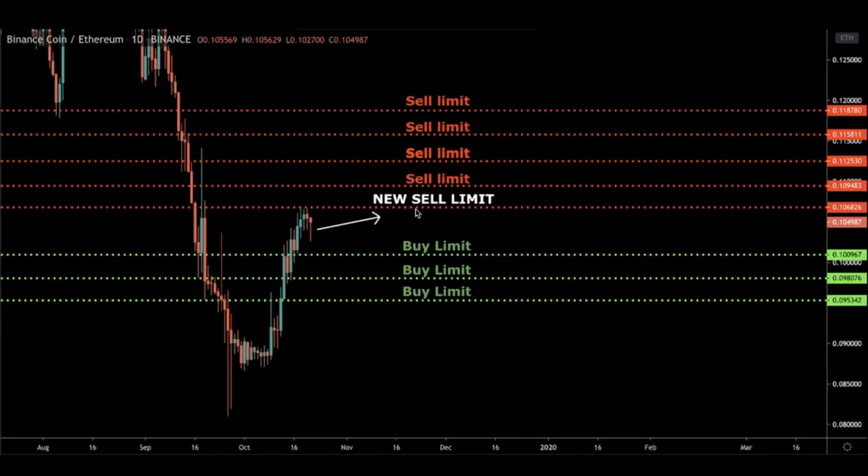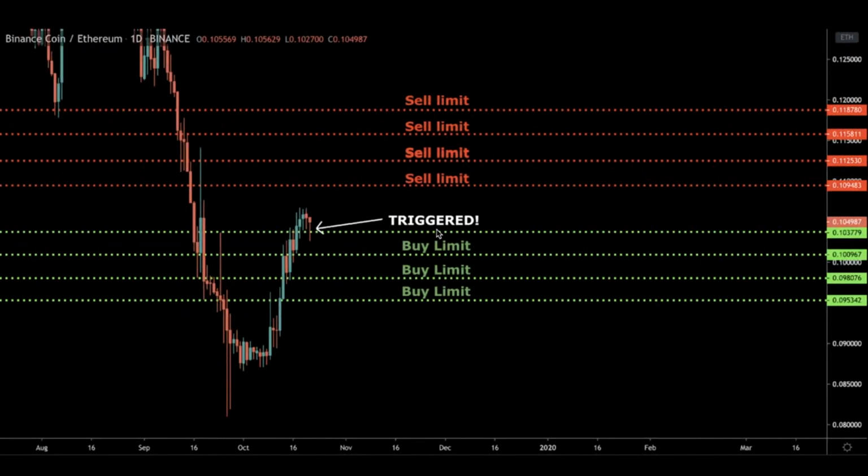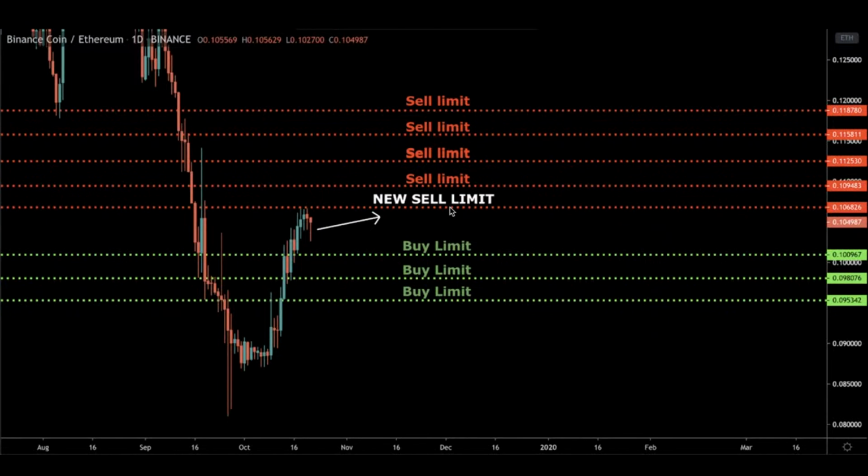So it's the mechanism of never-ending trading, basically. Each time the bot buys, it places a sell limit order, and each time the price triggers the sell limit order, it places a new buy limit order. So here, as you can see, we have a buy limit order triggered, and then a sell limit order is automatically placed, maintaining this grid spacing level.